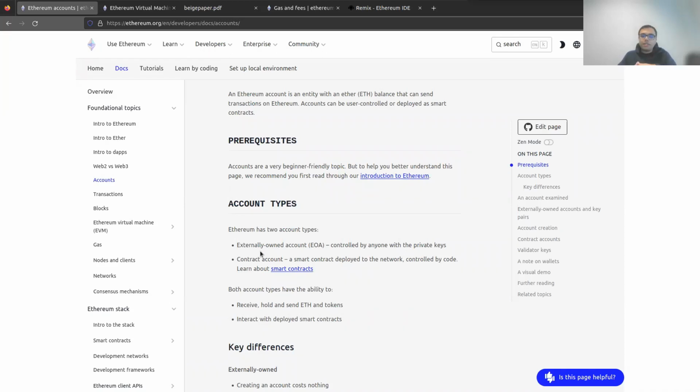So I can create a transaction that says, hey, I want this particular contract, and I want to call a function by this name, and here are the parameters that I want to give to this function. So I have now three types of transactions, basically. I have the normal transfers as in Bitcoin. I have transactions that deploy a contract, and I also have transactions that call functions of a contract.